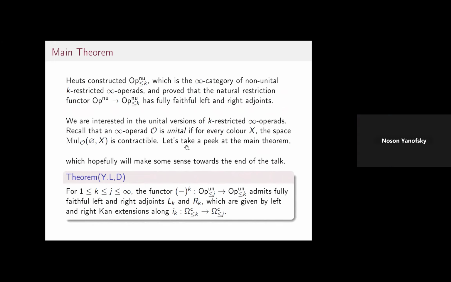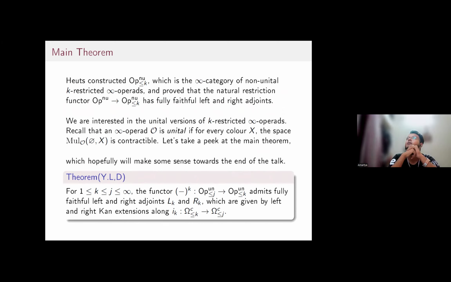Contractible. How does one think about that? I know what contractible means for a topological space, but in terms of operations, how does one think of that? Well, it's going to make more sense if you try to draw it down.